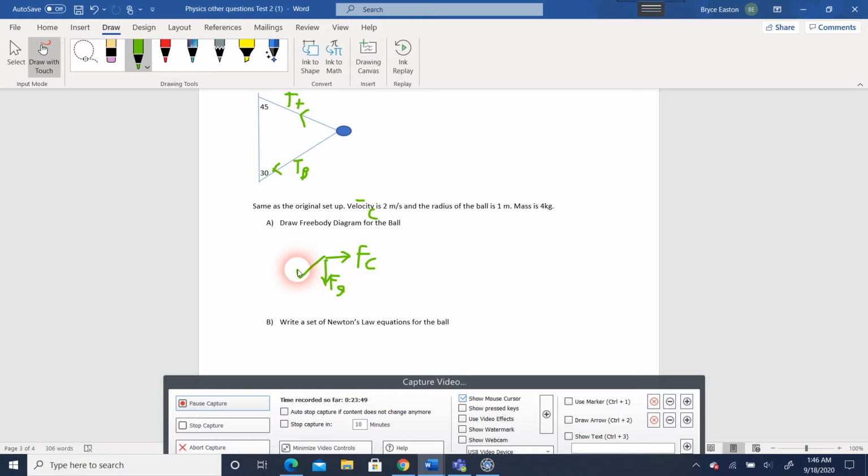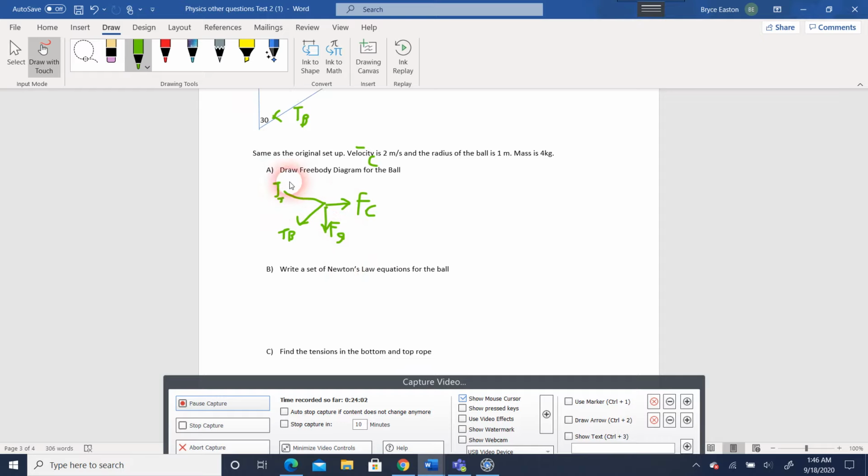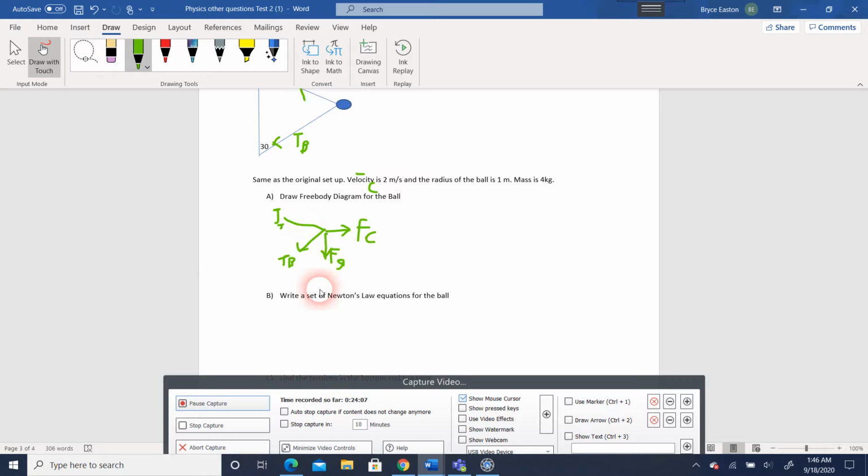We then have T bottom pulling us down this way, and T top pulling us up this way. So that's the free body diagram. Hopefully those forces all make sense.